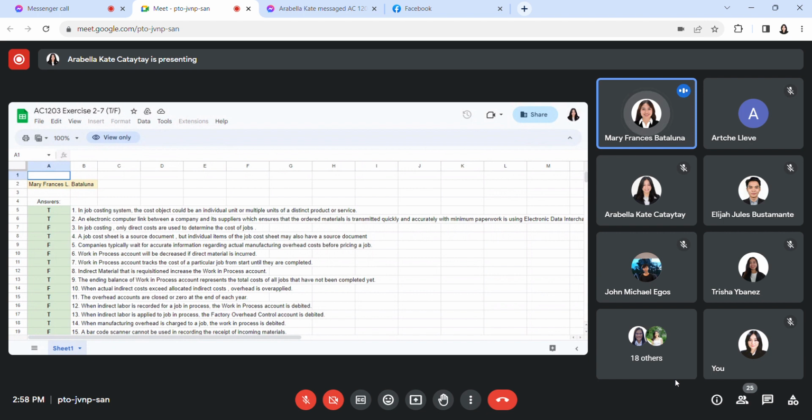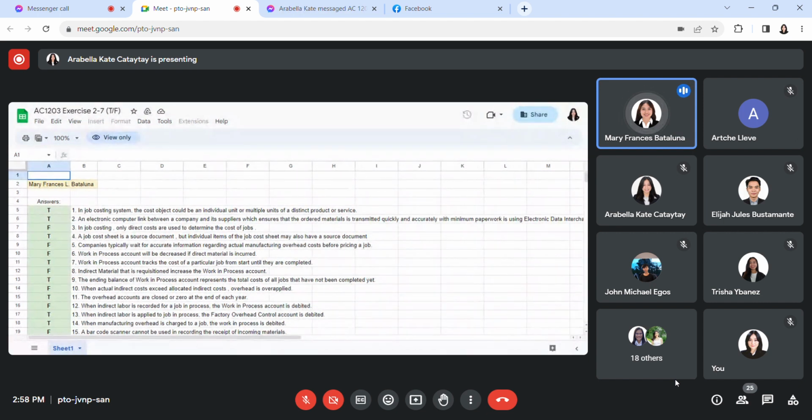Then for number 2, an electronic computer link between a company and its suppliers, which ensures that the ordered materials are transmitted quickly and accurately with minimum paperwork, is using electronic data interchange, or EDI technology. That's true.